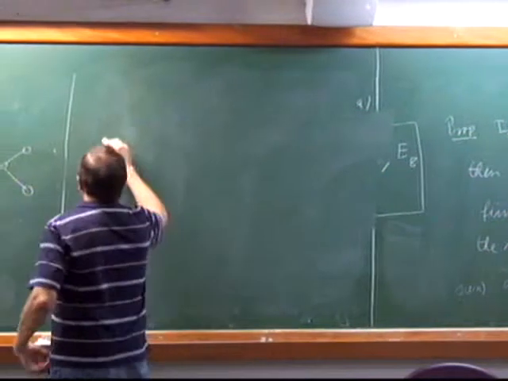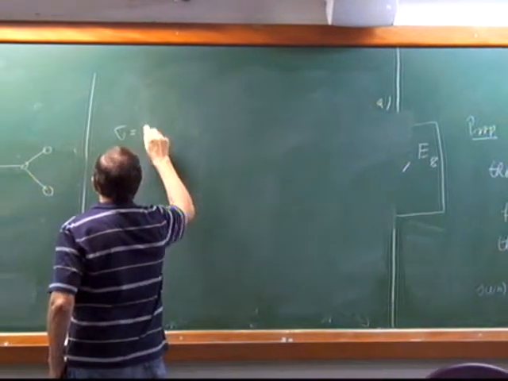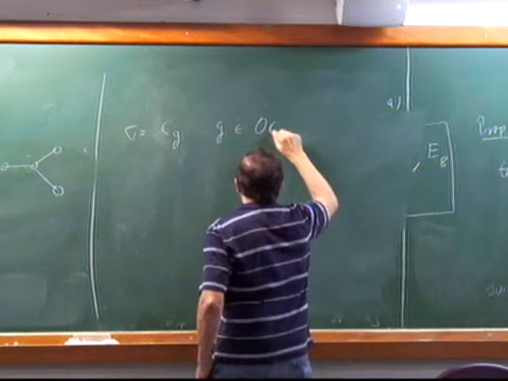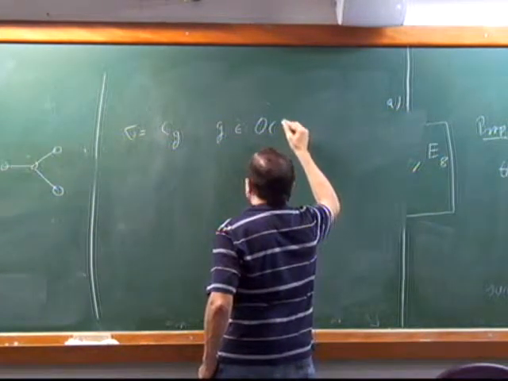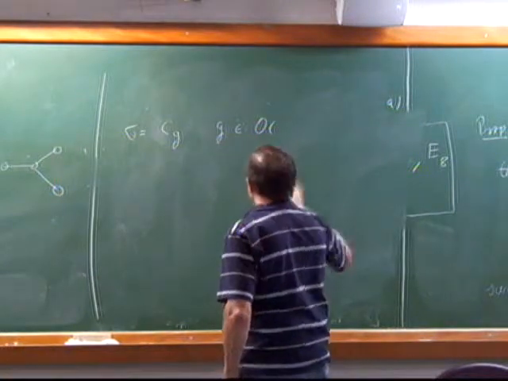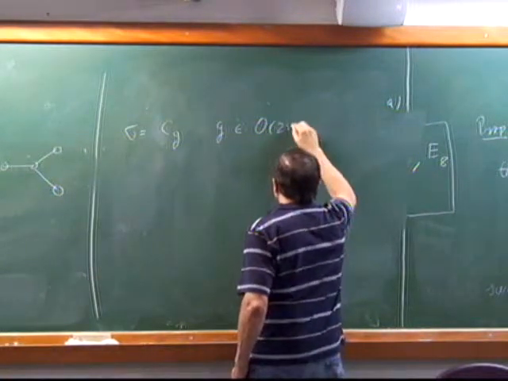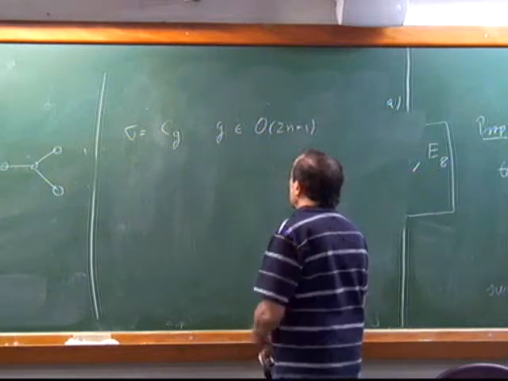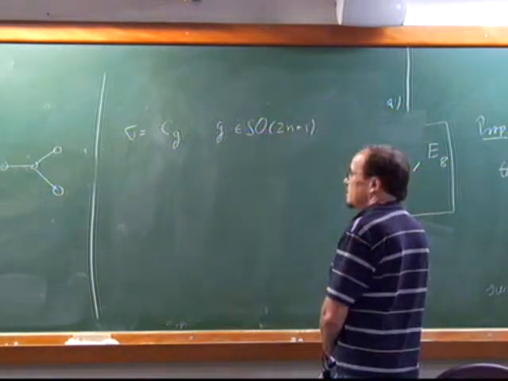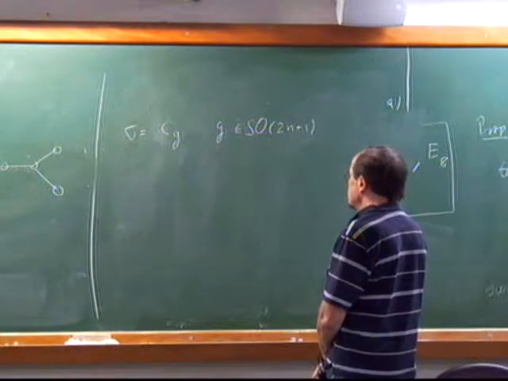Okay, so let's first say sigma is conjugation by g. g is an element in On. And I can actually assume it's in SON because everything is inner, although we can do the same thing for the other one.